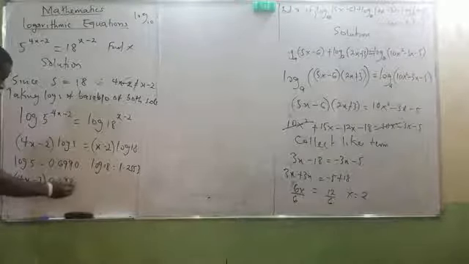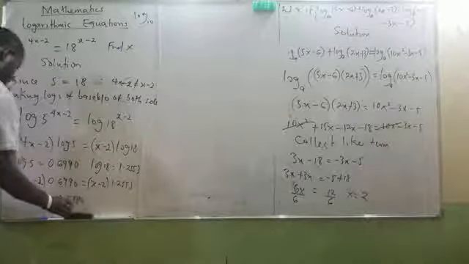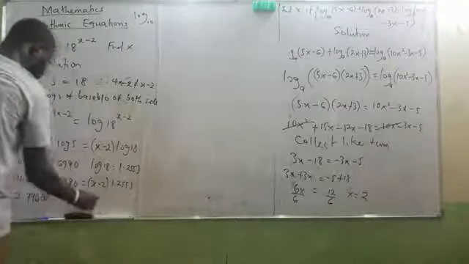Now, this times this, it means I'm having 4 times that, which will be 2.7960x, and this times minus 2, it will be 1.3980.